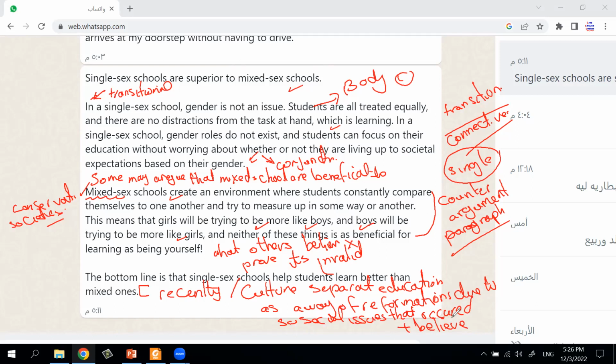So start generally, and you can mention that a large number of researchers suggested that males shouldn't be separated from females.